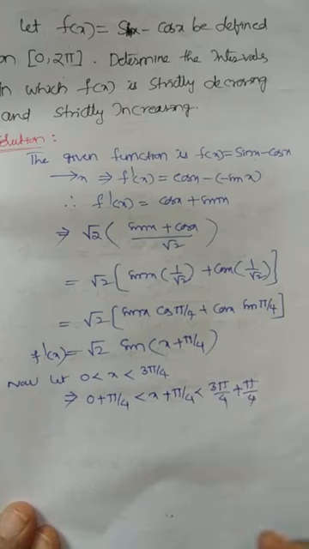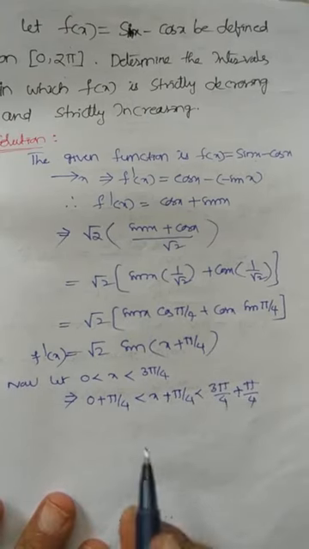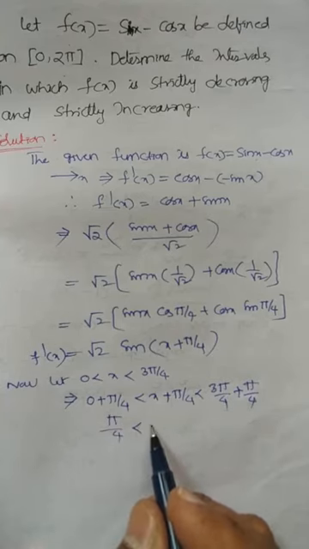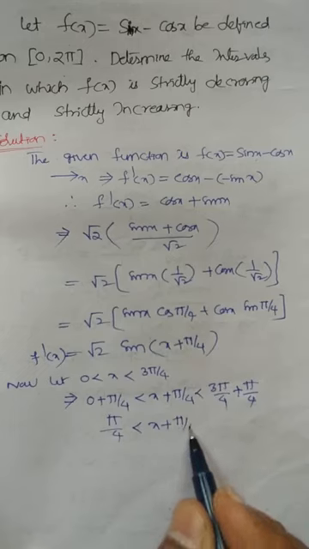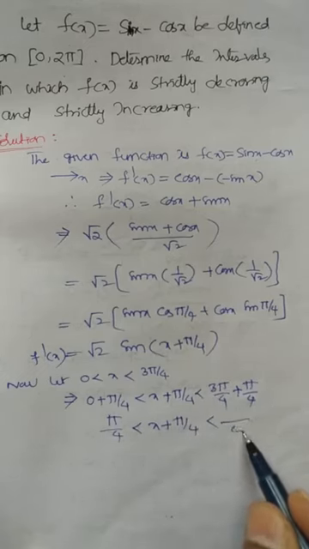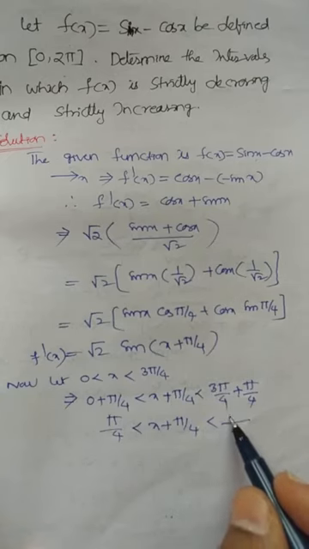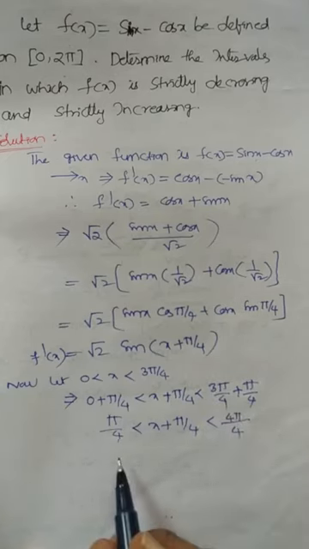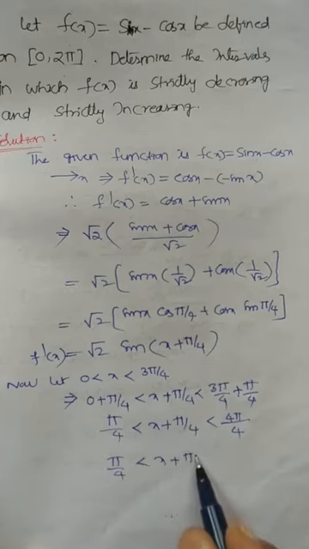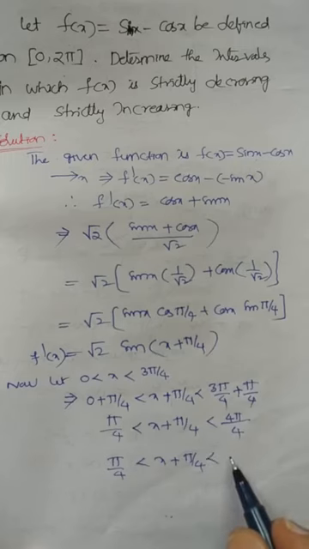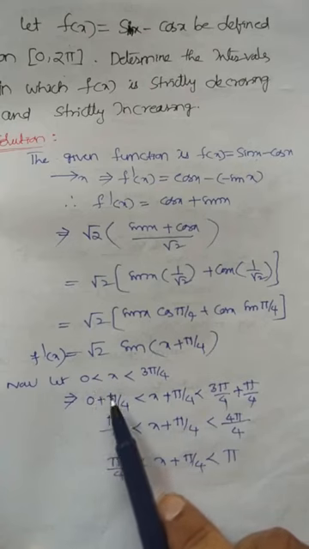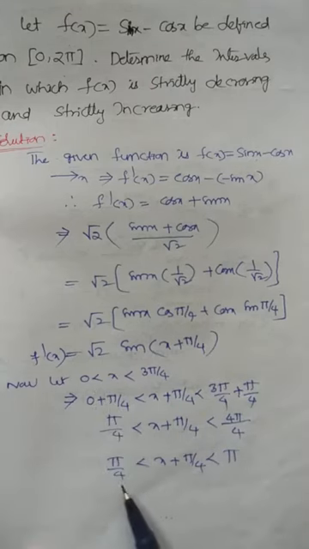With 4 as the LCM, 3 pi plus pi is 4 pi over 4, which is pi. So whenever x lies in this interval, x plus pi by 4 lies between pi by 4 and pi.